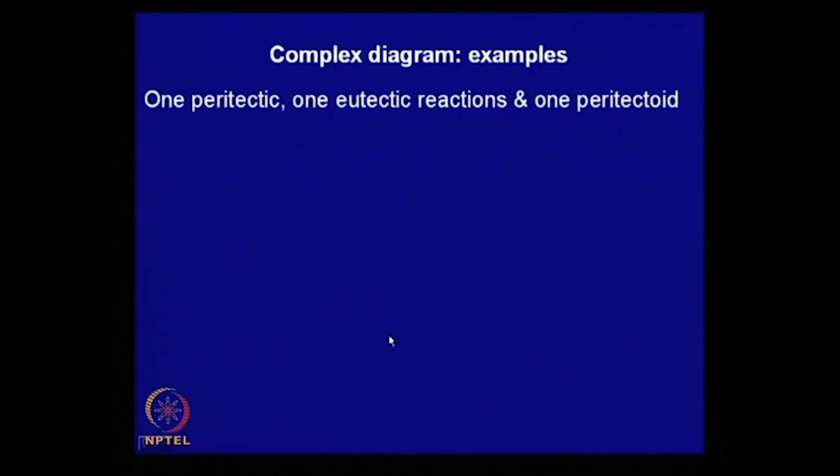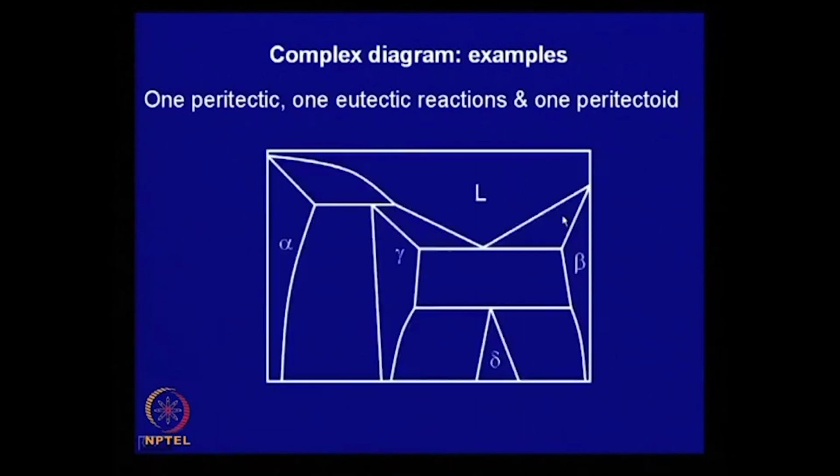So, we have looked at eutectic, peritectic, monotectic, eutectoid. Let us try to draw a diagram where there is one peritectic, one eutectic and one peritectoid reaction. Now, this is one such case. This is pure A, pure B, and these are the single phase regimes alpha, gamma, delta and beta.